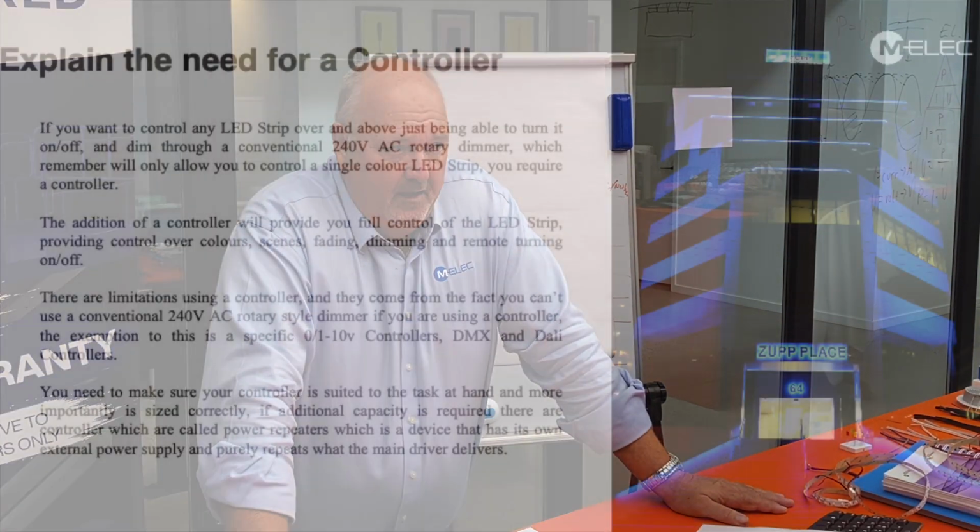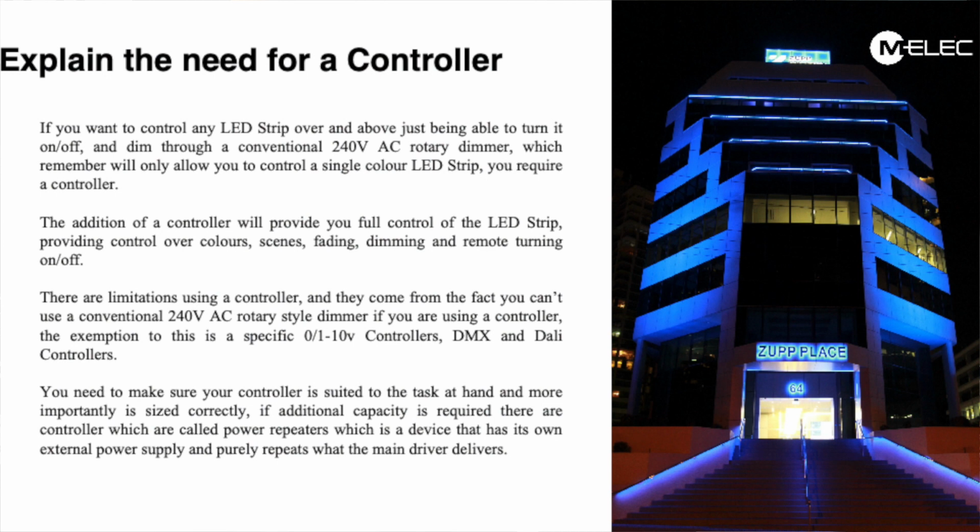So let's take that next step. We've gone through why, in short, we need a controller, but there are other reasons why we need a controller as well. For example, I want to control my LED strip using a 0 to 10 volt dimmer.